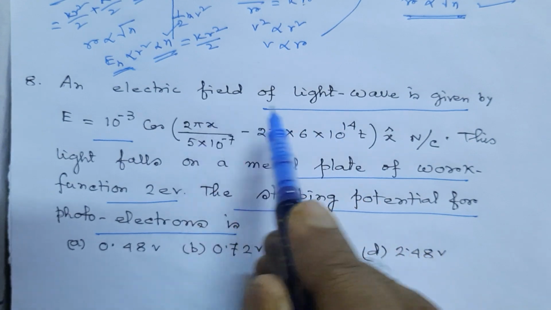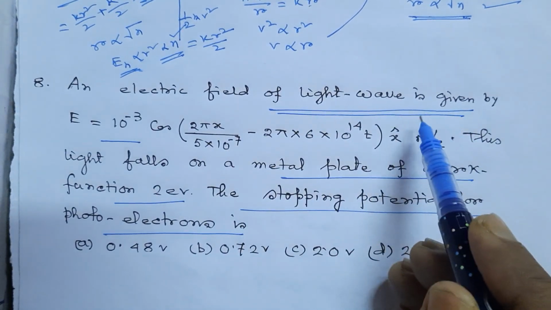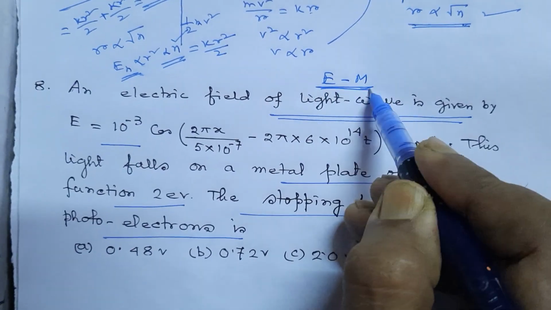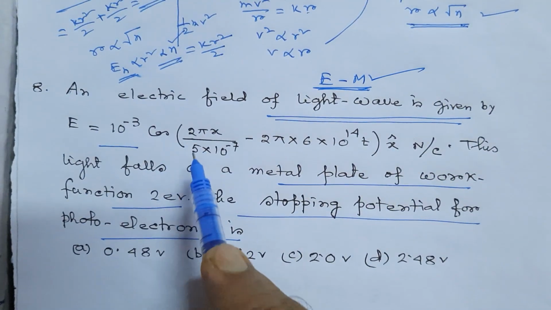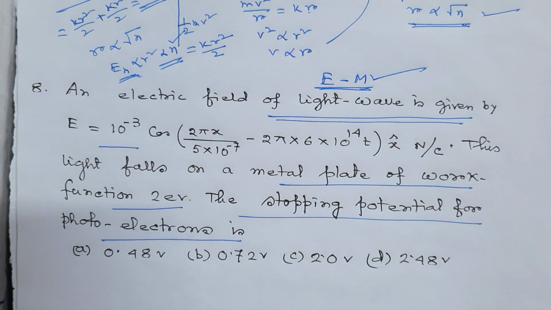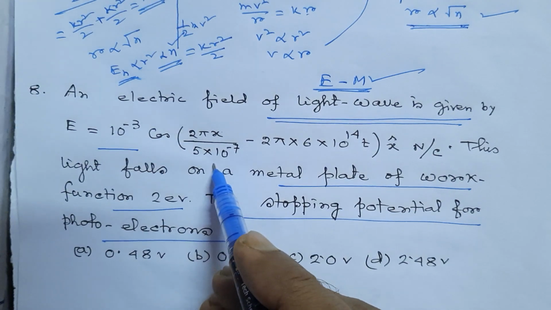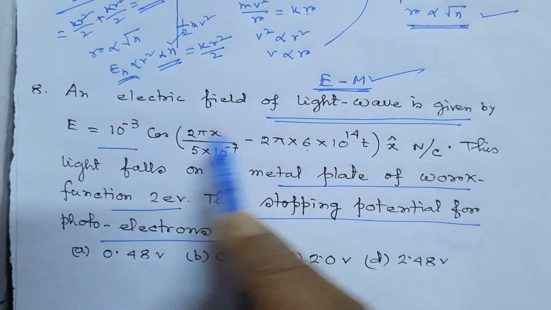Here the electric field of light wave is given. We know that light wave is an electromagnetic wave, and the wave equation of the electric vector is given. We know that E equals E0 cos of 2 pi x by lambda minus omega t. This is the given form.